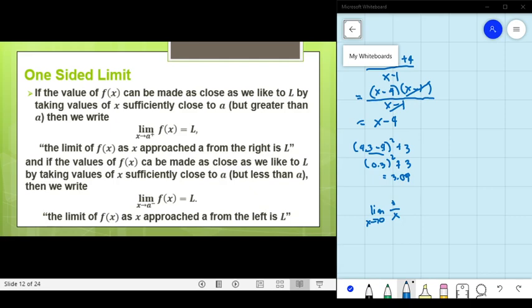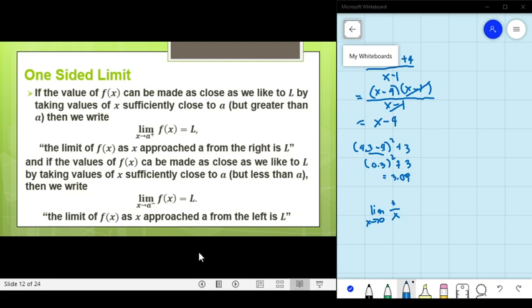So you only look for values of f of x as x approaches c from the right, using one side. And the same goes for the left, where you also consider only one side.